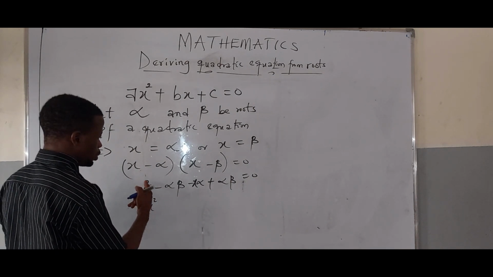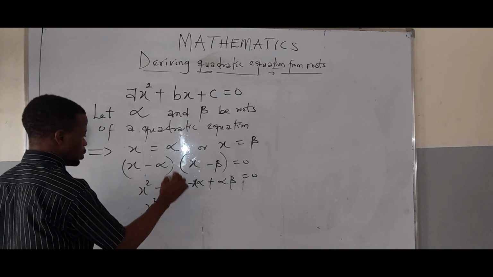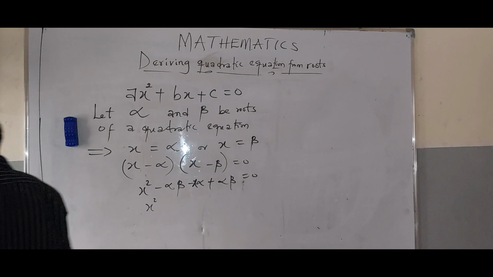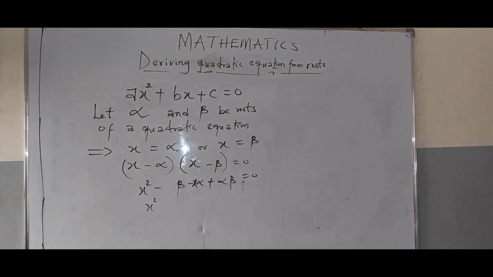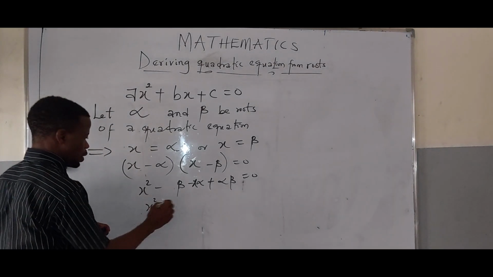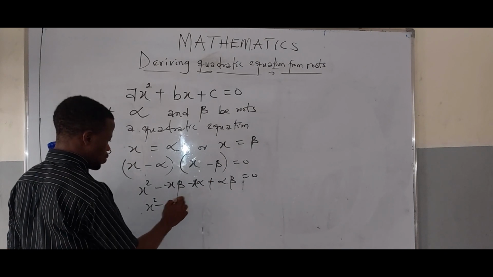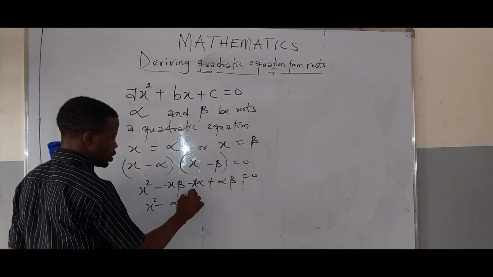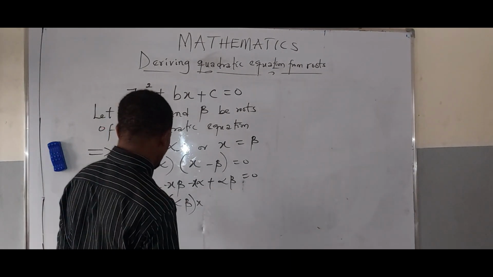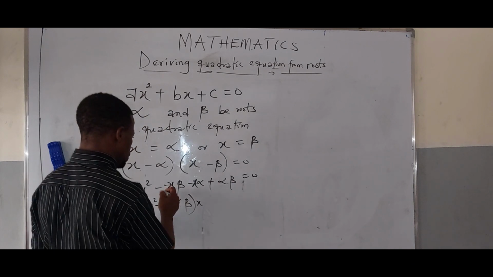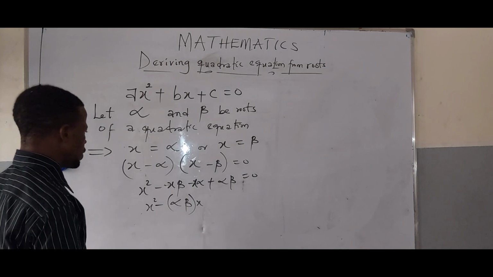Something is common. This times this will be x beta. So what do we have next? We have minus alpha, beta, something is common, x, right?